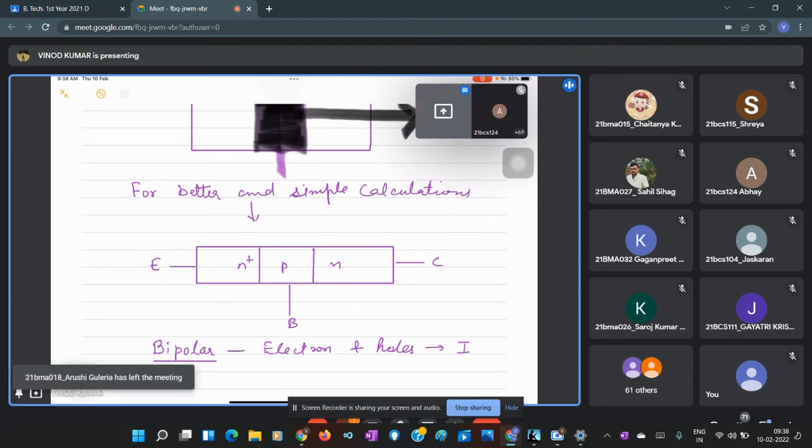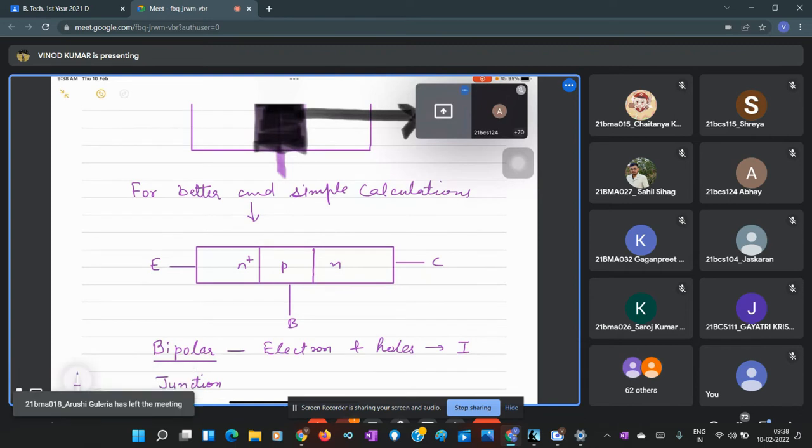Junction means it has two junctions, J1 and J2. So where are J1 and J2?